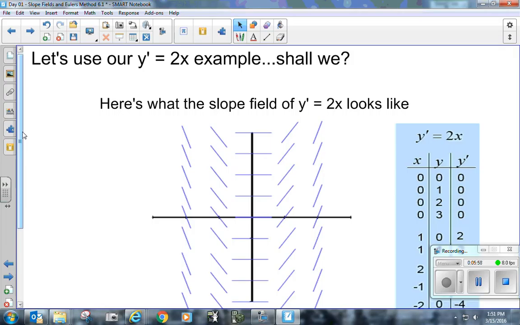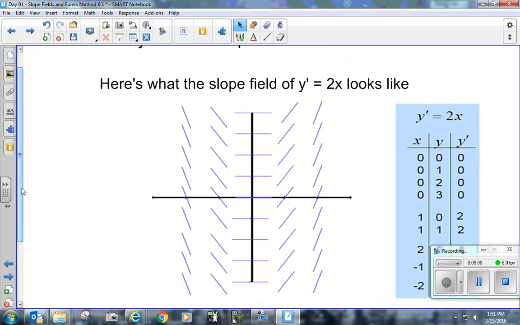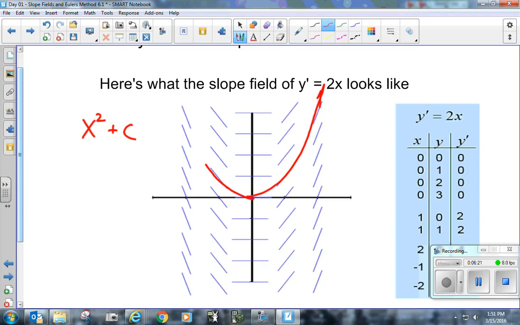First of all, when we integrated that, what did it give us? It gave us x squared. Isn't that a parabola? Because we don't know the c value, I'll draw it here. This is what a parabola looks like, correct? Fantastic. Now, I don't know what C is.